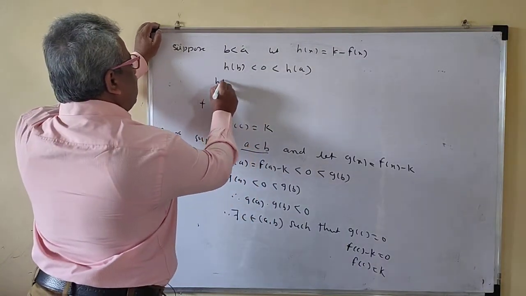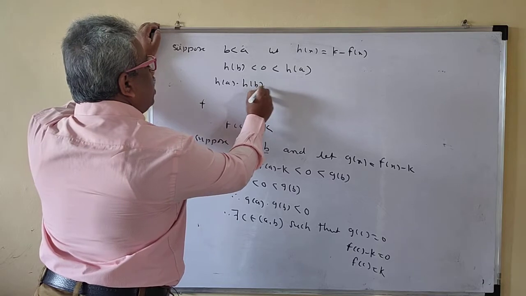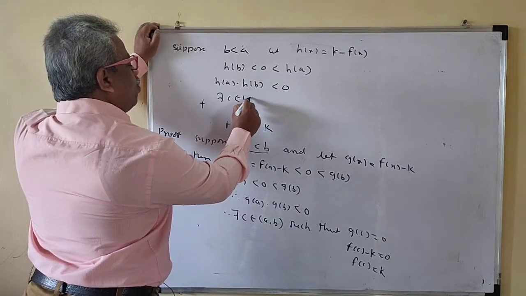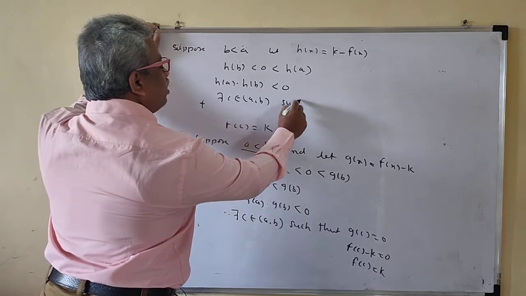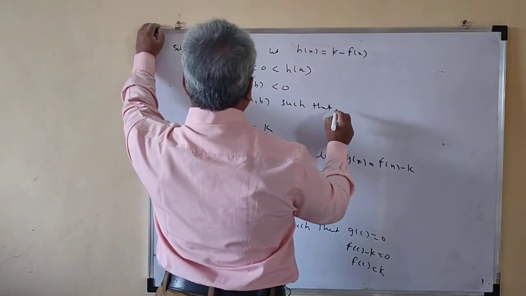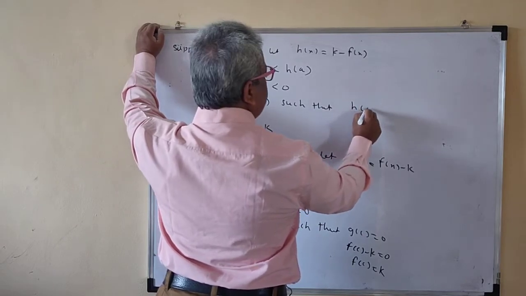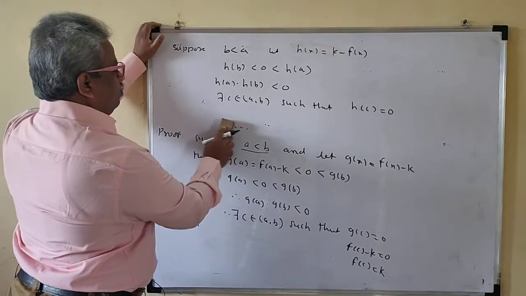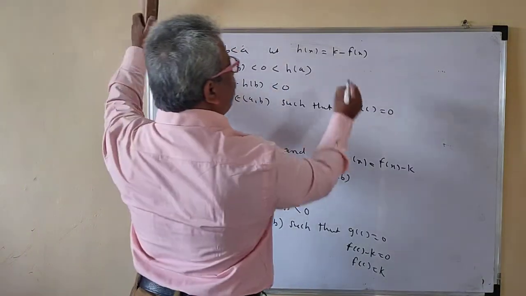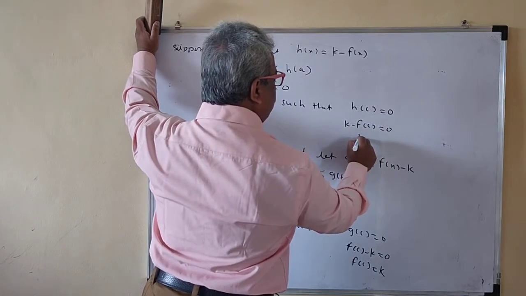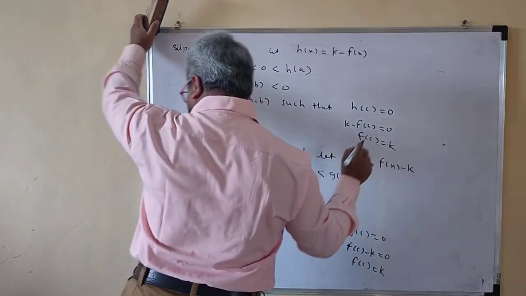So that means h(a) times h(b) is negative now. Therefore there exists c belonging to the open interval (a, b) such that h(c) equals 0. So what is h(c) now? h(c) means k minus f(c) equals 0. So therefore f(c) equals k.